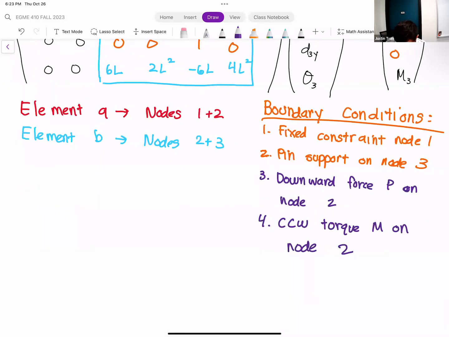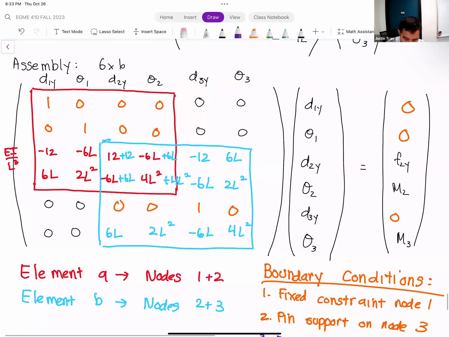Both of these are applied on node 2, and so they're going to take the place of F2y as well as theta 2, or M2. Let's go ahead and fill those in.